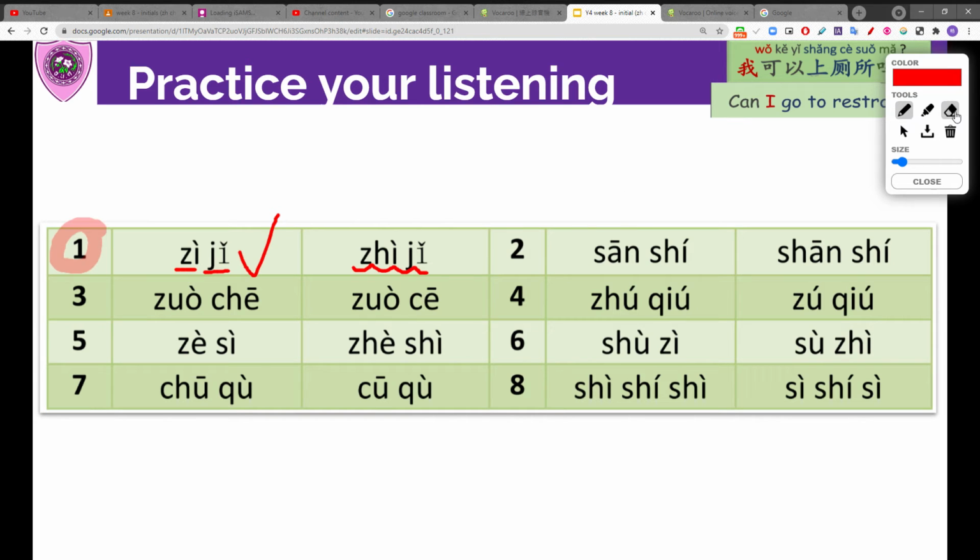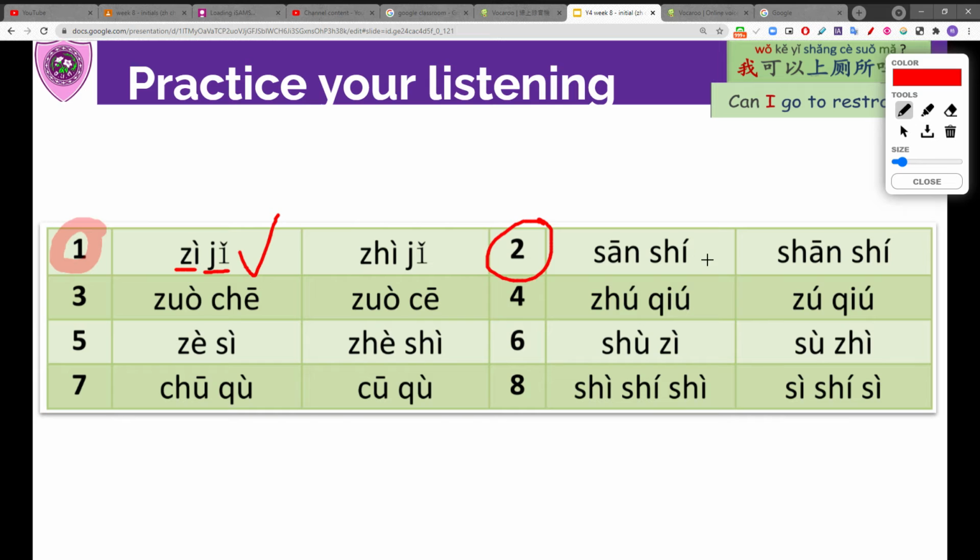Let's go to exercise number 2. It's on the right side. Please pay attention. What is the pinyin of this word? I think this one is easier.